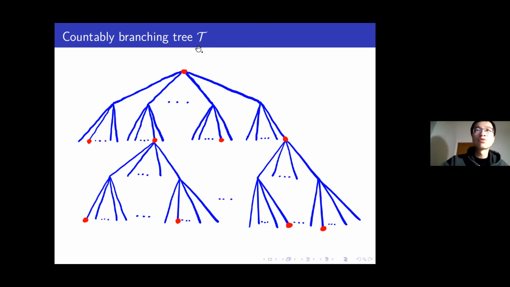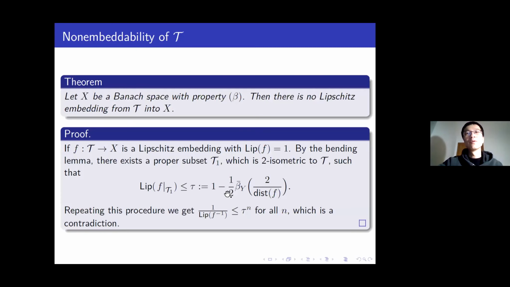But when you restrict the Lipschitz embedding to this subset, the Lipschitz constant actually becomes smaller, because remember how we chose these red points: the distance between their images is less than expected. So the Lipschitz constant becomes smaller. So you get a subset T1, which is 2-isometric to the whole tree, so that when you restrict the Lipschitz embedding to T1, the Lipschitz constant is less than some tau.